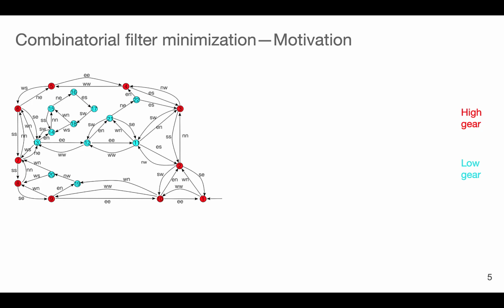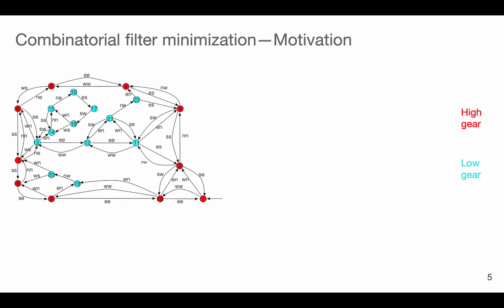For example, starting at the bottom right initial state, road 1, it transitions to road 2 if it faces west before the movement and then faces north after the movement. This filter describes a function from sequences of sensor readings to sequences of colors. We call this input sequence a string.